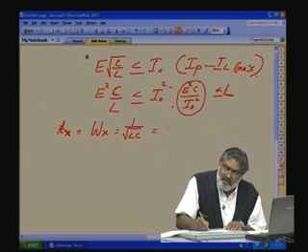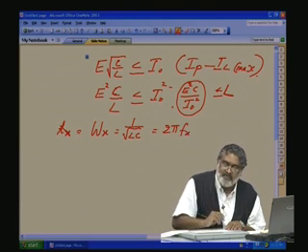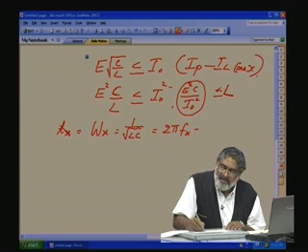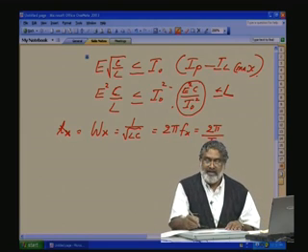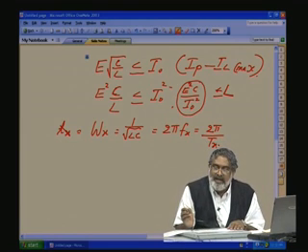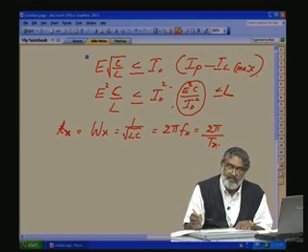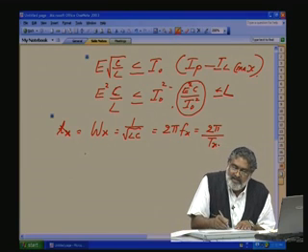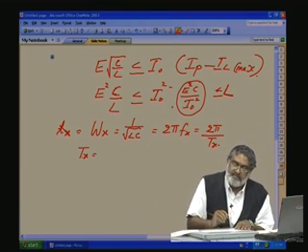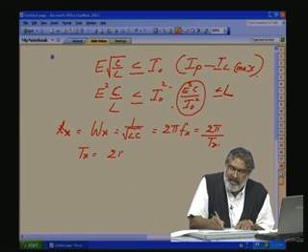This is equal to 2 pi into FR, or 2 pi by TR, where TR is the resonant period. Okay, so TR is equal to 2 pi into root LC.